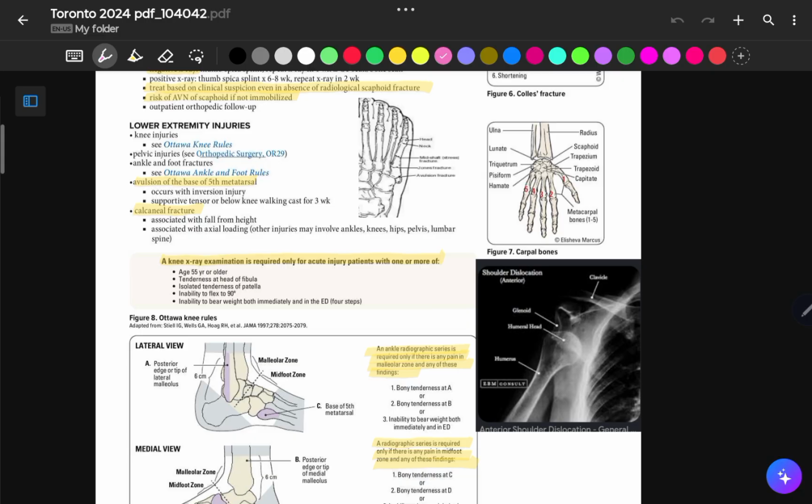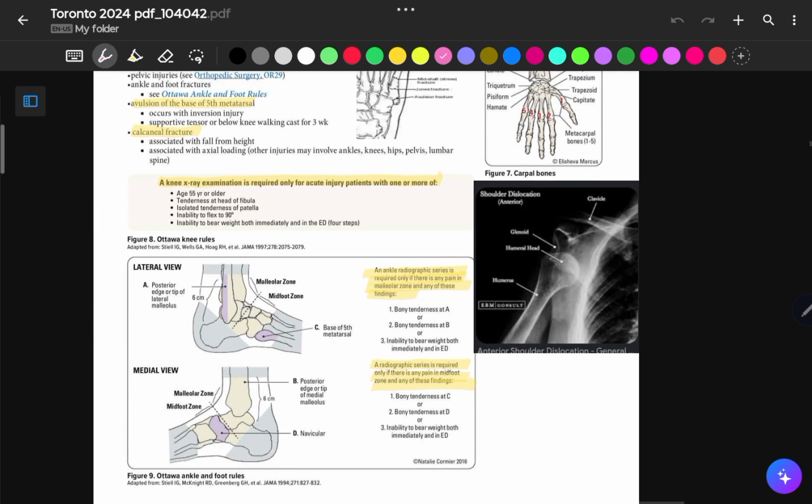So what is your Ottawa knee rule? Basically, what it says is that you're not just going to do an X-ray anyhow. So what happens is that you would do your ankle X-ray.